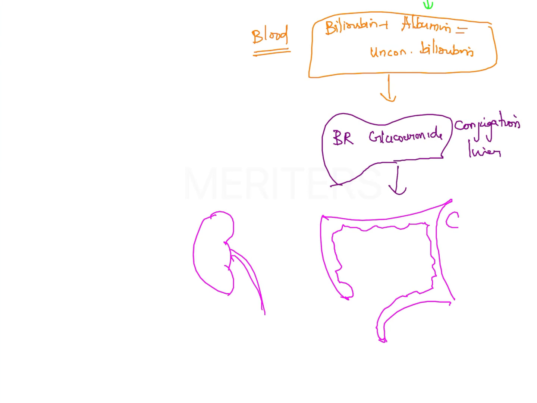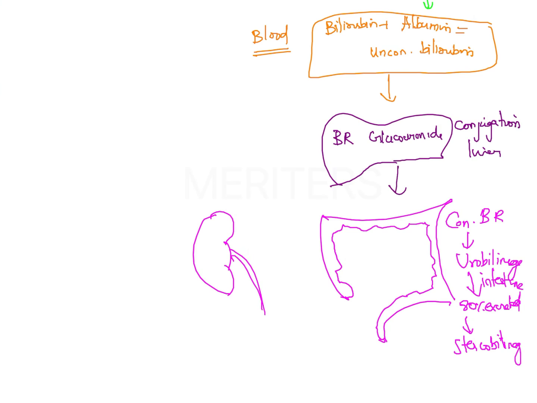This conjugated bilirubin will get converted to urobilinogen in the intestine. This all happens in the intestine. Here 80% is excreted as stercobilinogen, and in stools it is passed as stercobilin.